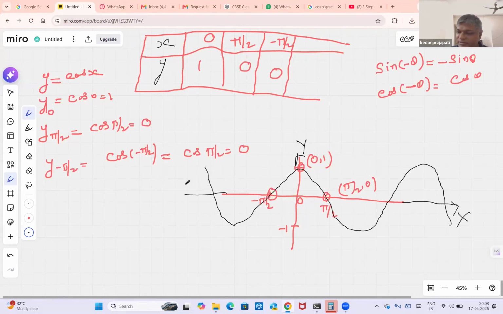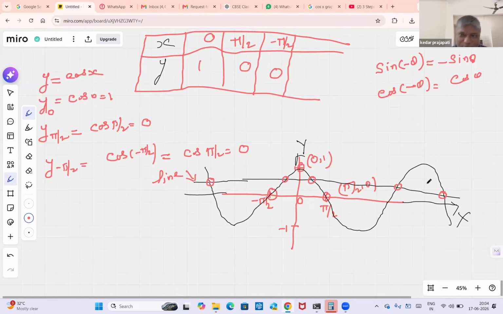If I draw a line parallel to the x-axis, it cuts the graph at multiple places: 1, 2, 3, 4, 5.